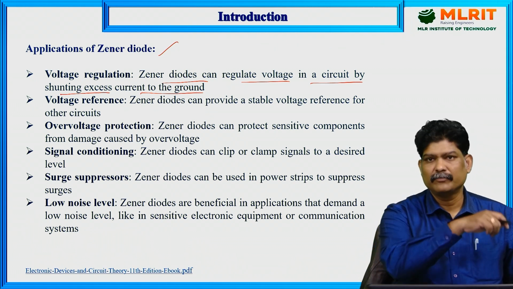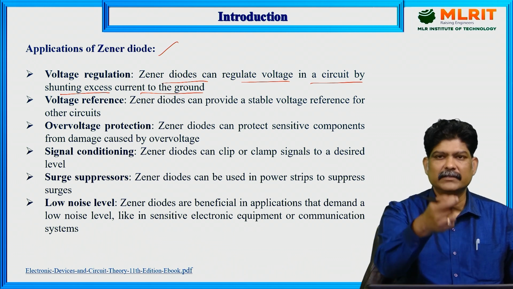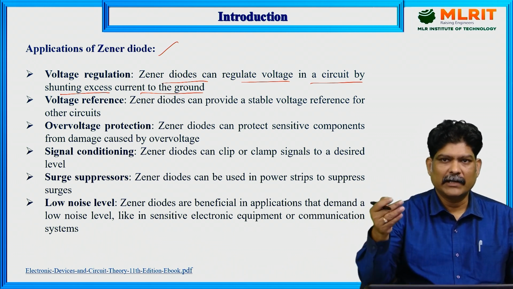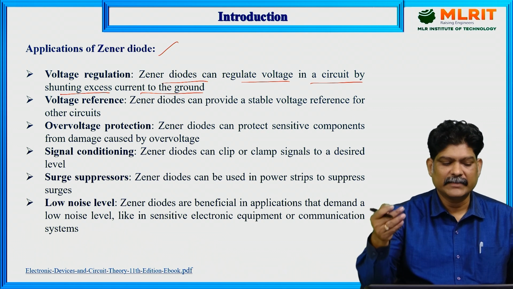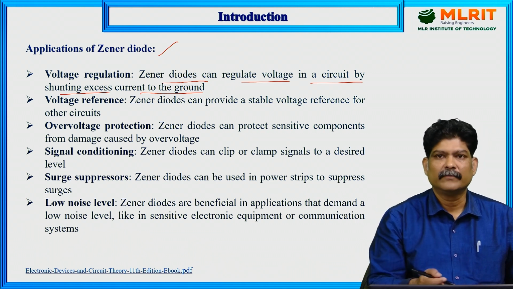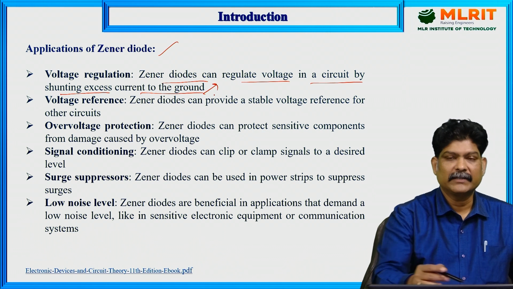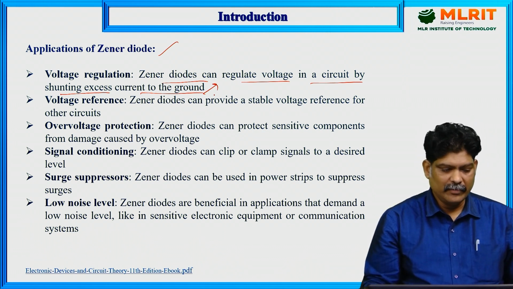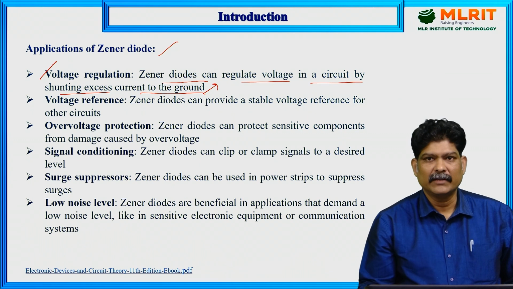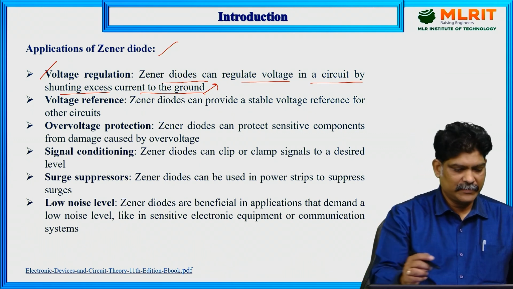If there is any increase in the input voltage, it does not allow it through, and any excess current goes to ground. That is the basic concept of the Zener diode, so it can be utilized for regulation of voltages.